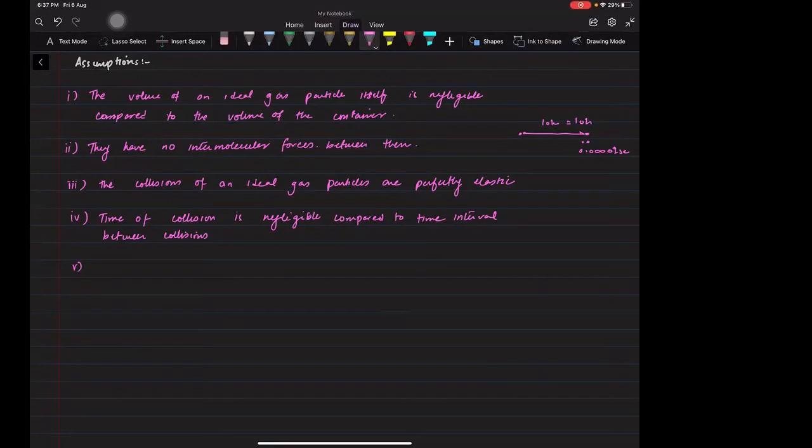And the fifth point is, at any given time, there must be enough particles to apply statistical approximations.